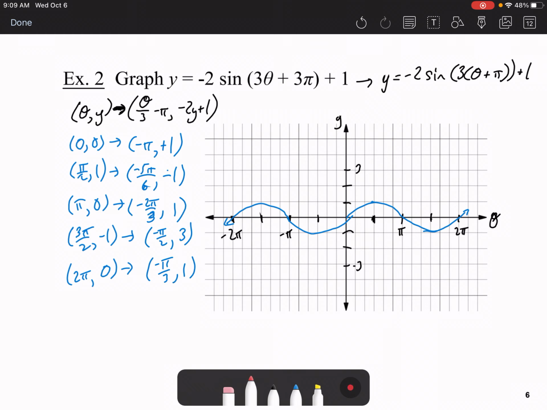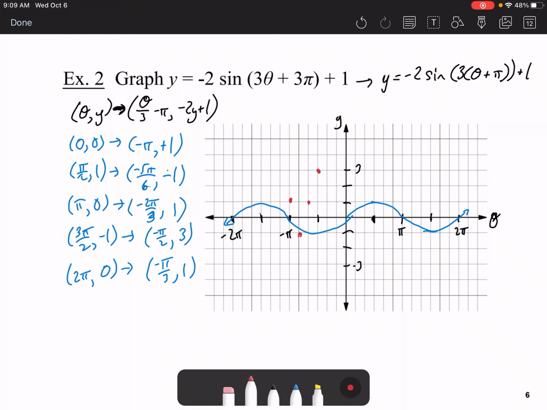So now I can draw my resulting graph where it may be. Negative 5 pi over 6 and -1 right there.